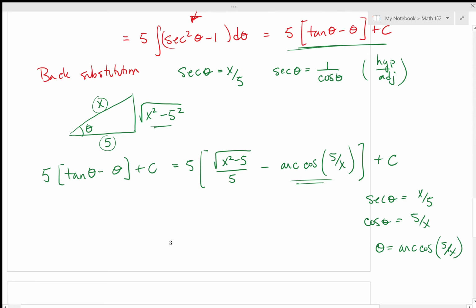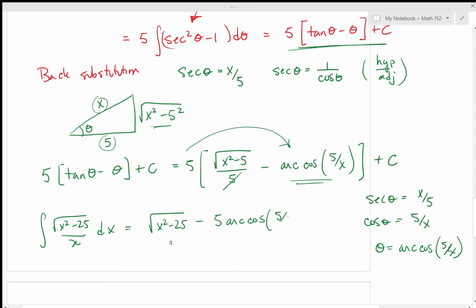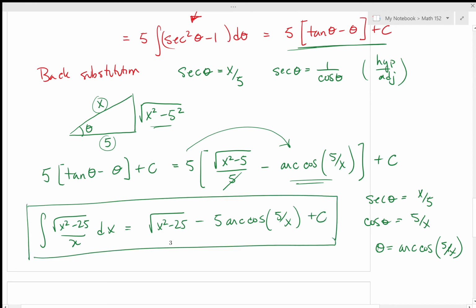My original integral, the integral of the square root of x squared minus 25 over x dx, has now been found to be, this will cancel with that 5, and then I'll have to multiply the 5 in, so I get the square root of x squared minus 25 minus 5 arc cos of 5 over x plus c. The final answer.